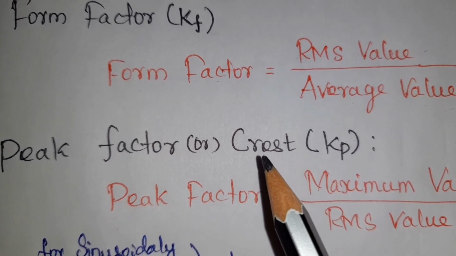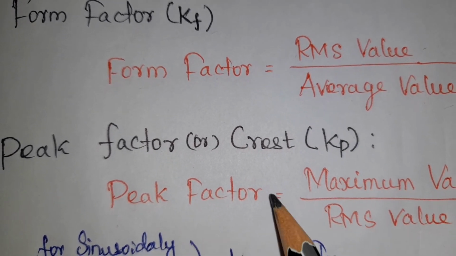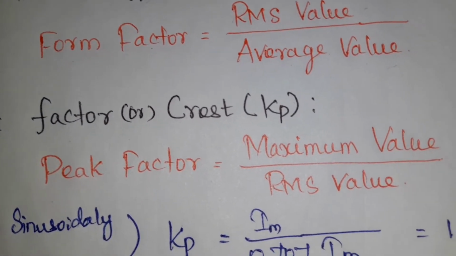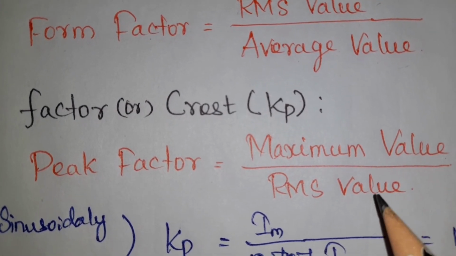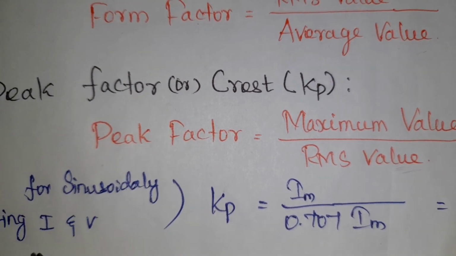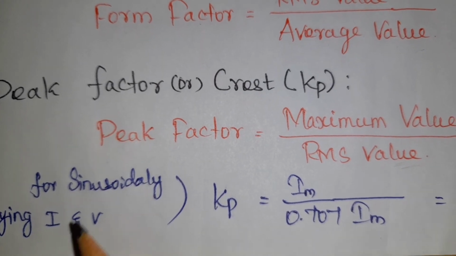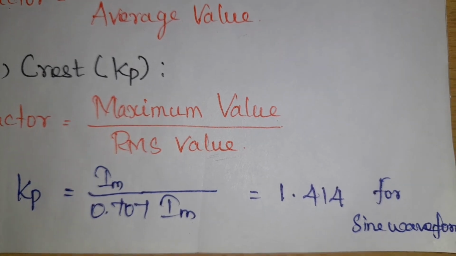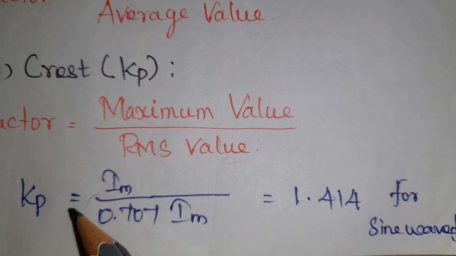Next, peak factor, Kp. Peak factor is equal to maximum value divided by RMS value. In this waveform, it is maximum value divided by RMS value. For example, for a sinusoidal varying voltage and current waveform, the maximum value of current is Im divided by the RMS value 0.707 Im.